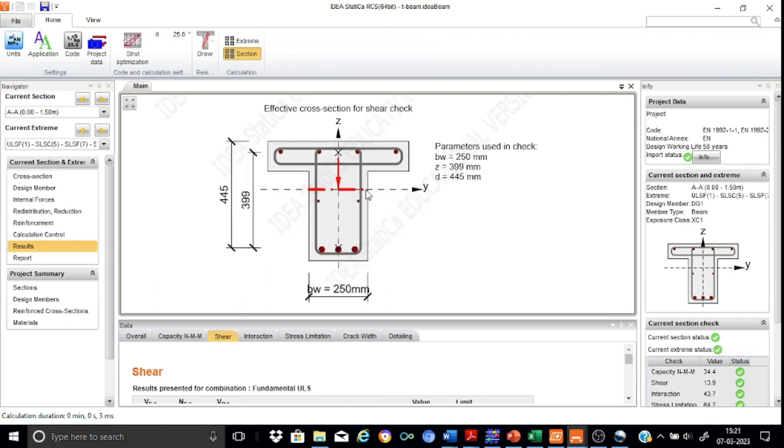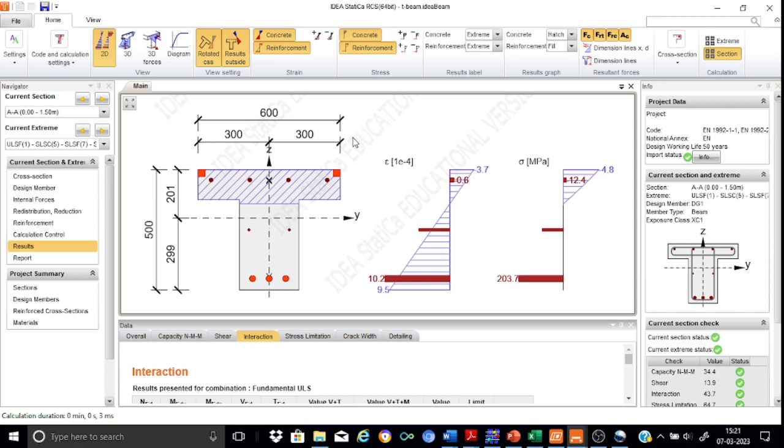And it will show you what is the cross section that is used for the shear verification, etc. Then the interaction checks, it provides you, and look here, this is what I tell you by the visualization experience. This also provides you, for example, for the interaction check, what are the maximum strains? This is the strain diagram, and you know that on the top, it's a compression strain, which is of the order of 3.7 into 10 raised to minus 4, and below you'll find that the concrete tensile strain is of the order of 9.5 into 10 raised to minus 4, and here is indicated at 0.2.